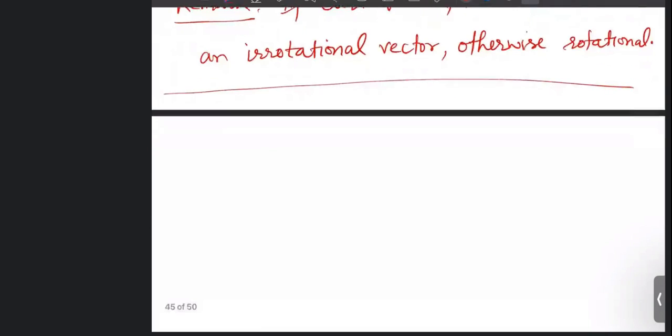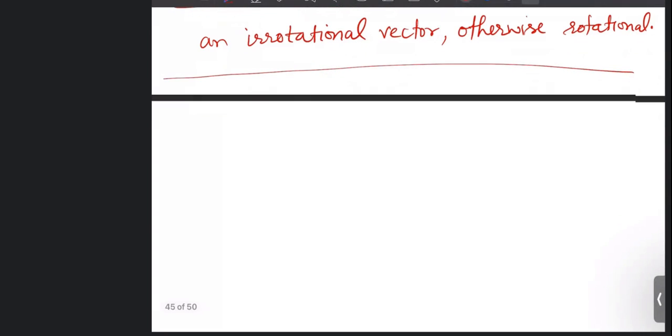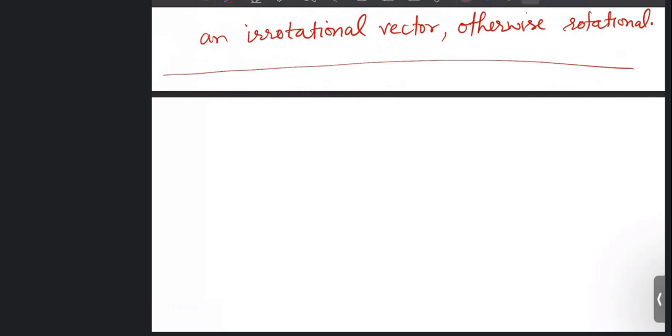So we define some properties of divergence and curl.